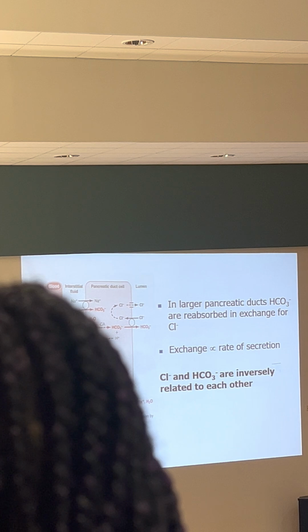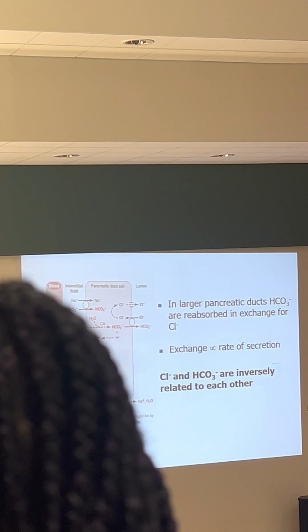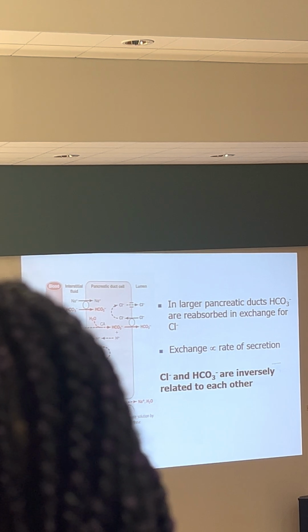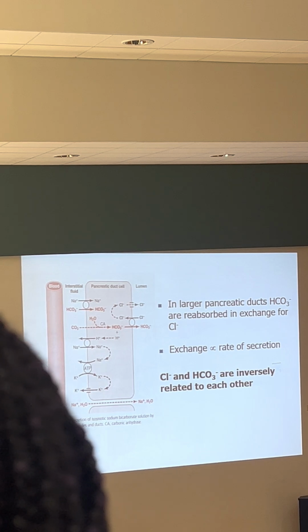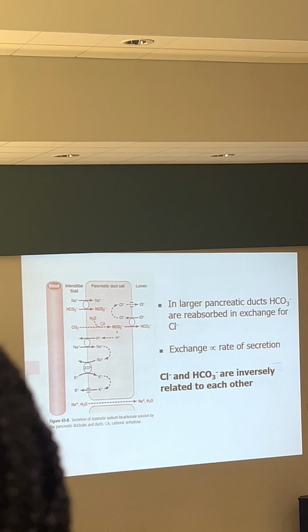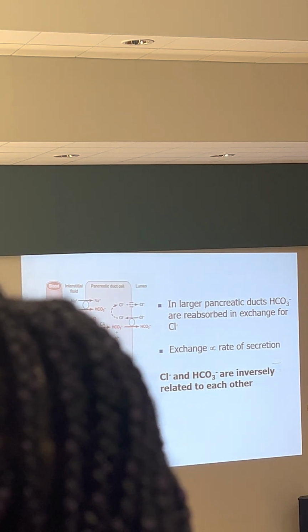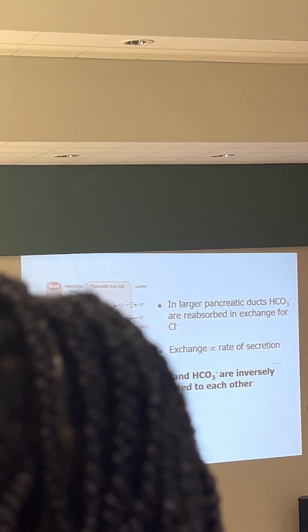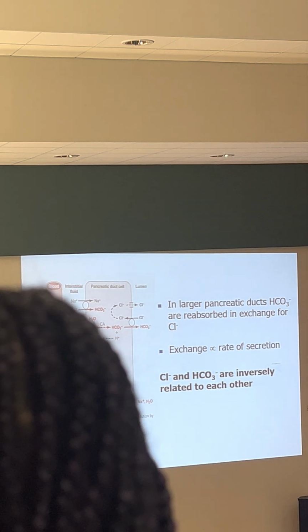Now, in the larger ducts, it is felt that the bicarbonate that is secreted out can be exchanged with chloride. As we had indicated for the salivary glands, it is felt that some of the bicarbonates, not all, are actually reabsorbed in exchange for chloride ions. And so there is somewhat of a chloride-bicarbonate inverse relationship that is seen when we do the experiments.